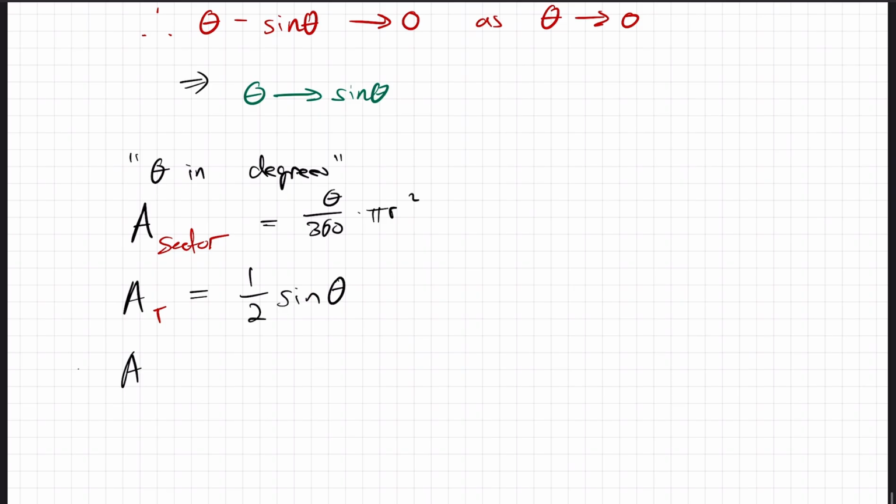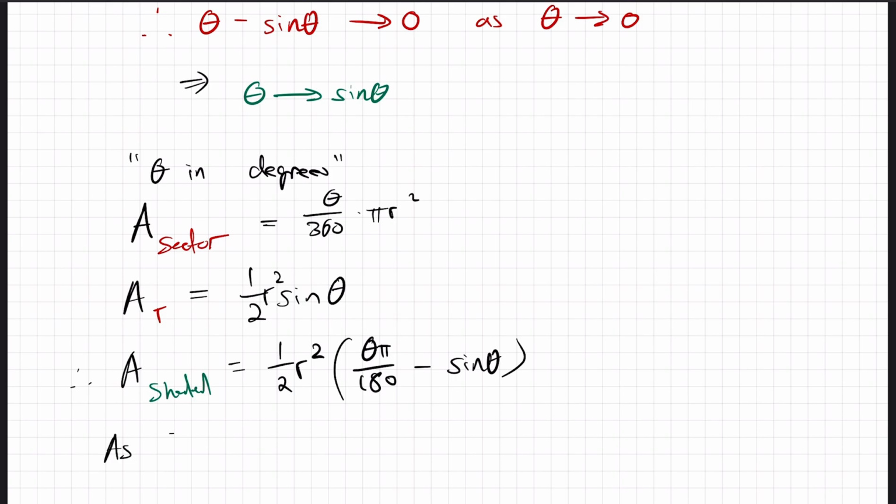And this gives us the area of the shaded region, which is going to be 1/2 r squared, and let me factor that out, multiplied by theta pi over 180 minus sine theta.